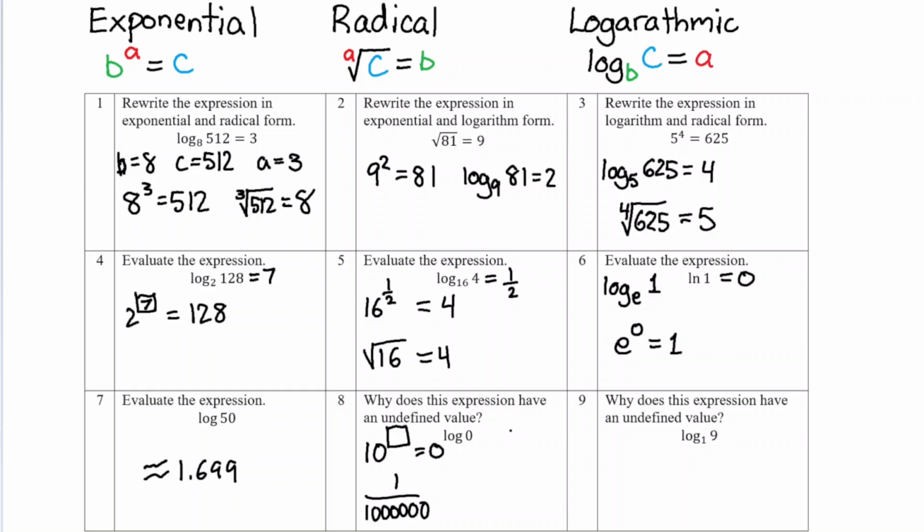And since infinity is not an actual number, we would say that the log of 0 is undefined, because it doesn't matter how many 10s you divide by, you are never going to get 0 as a value, because it's 1 divided by some number, and that's going to be a number, not 0. So that's why number 8 is undefined.